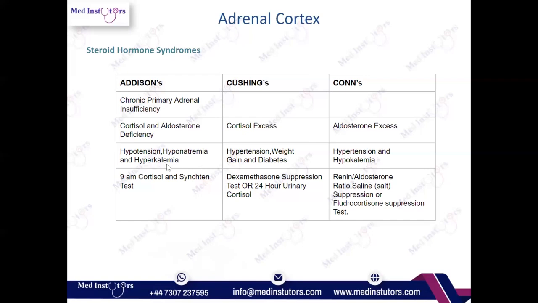But here you can see there is hyperkalemia, so imagine along with potassium is the hydrogen ion, so it may lead to metabolic acidosis. What are the tests? Yes, we know that aldosterone is a part of the renin-angiotensin-aldosterone system, so we assess the ratio, we do the saline suppression test, or we can do fludrocortisone suppression test as well. So this is a table you have to memorize.